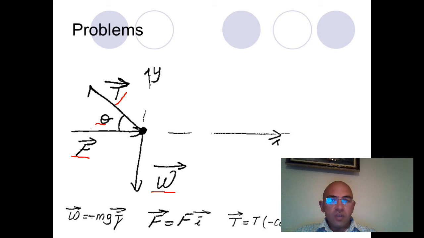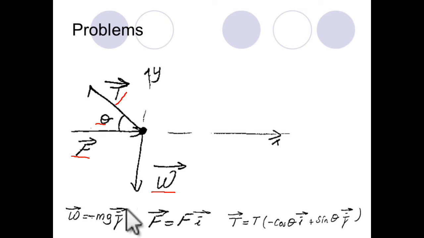Okay, so let's write the forces acting on the sphere, acting on our particle first. Well, we have the weight first. So weight is equal to minus mg j vector, where g is the gravitational acceleration, because it's in the negative y direction. Then we have the repulsive force. F is positive. We don't know the magnitude of it yet.